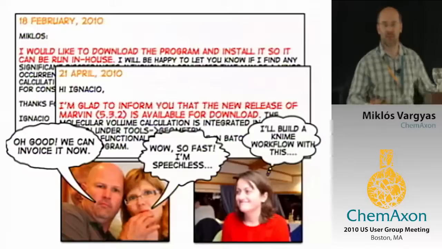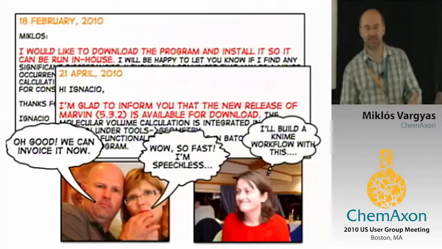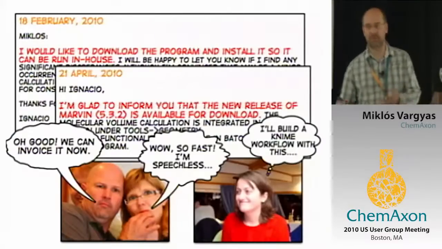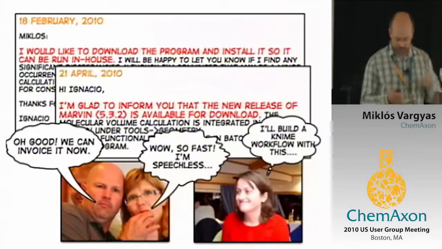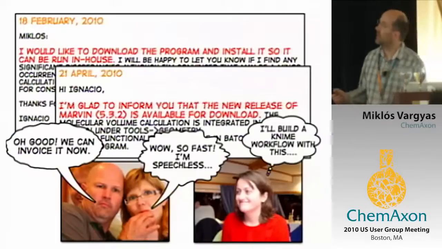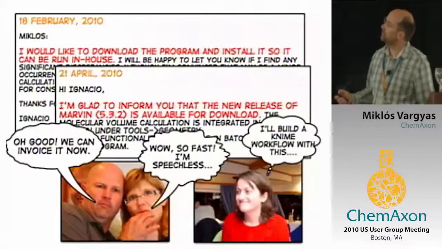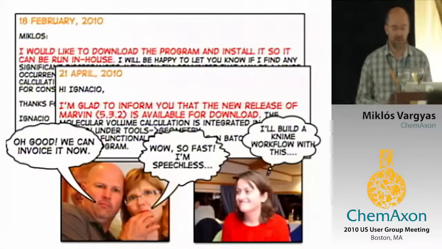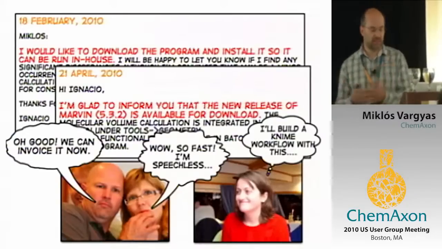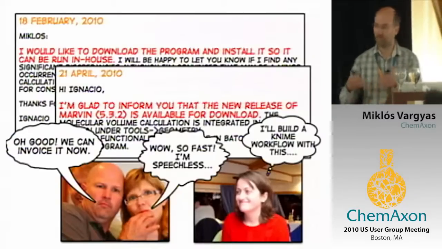It's good for prototyping and developing and testing, but at the end, he needs the release version, download and install it. Okay, so he had to wait a few months, but on the 21st of April, he finally got the release version. So that's the time when salespeople got excited.